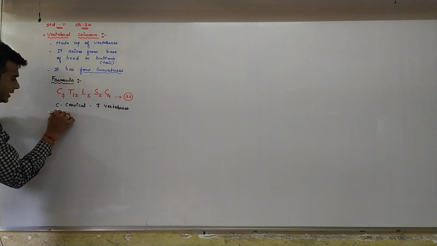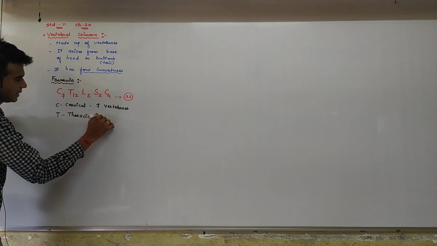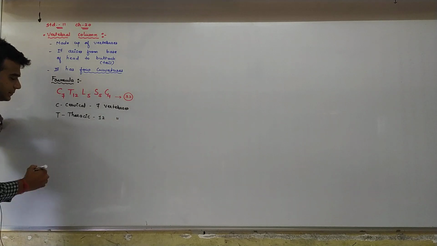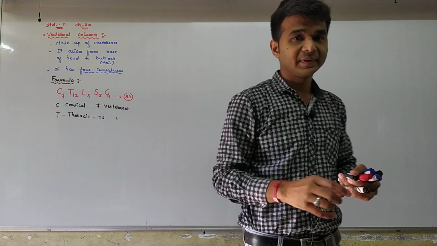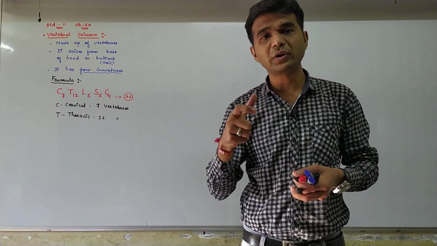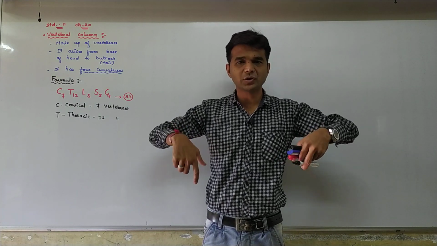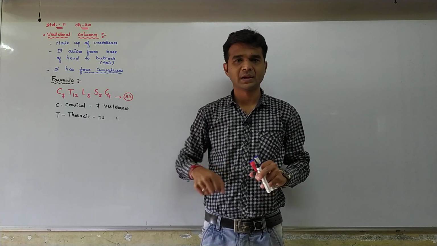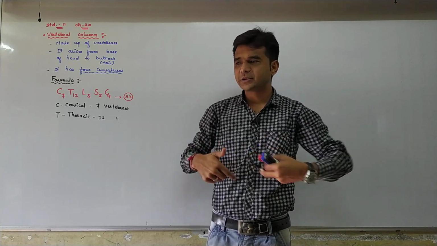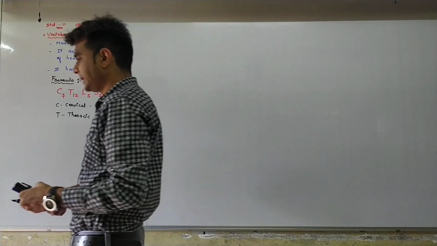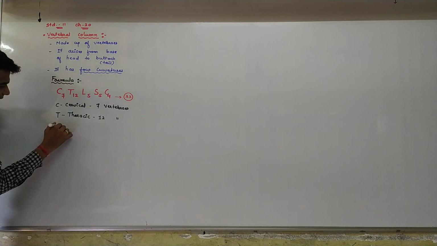T is thoracic. 12 vertebrae are there. And now it is very interesting to understand this. These 12 thoracic vertebrae are joined with 12 pairs of ribs laterally. One rib is there here and another rib is here. So 12 pairs of ribs are connected to the 12 thoracic vertebrae.